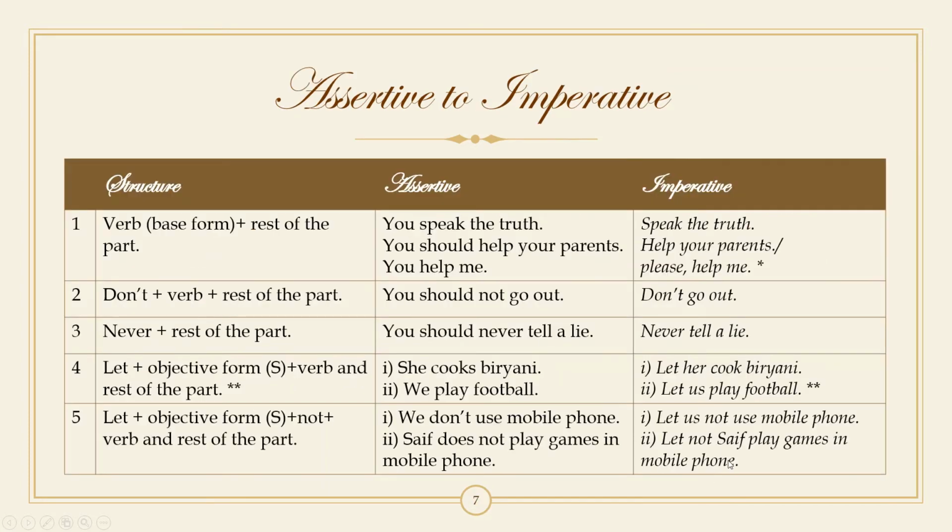Okay, fine. Now look at this table. This table is divided into three columns. The first one contains a structure, the second column contains examples from assertive sentences, and the third column contains the imperative form of these assertive sentences.